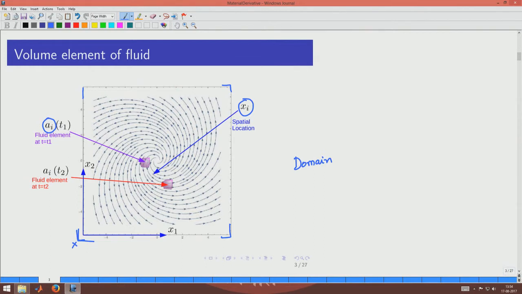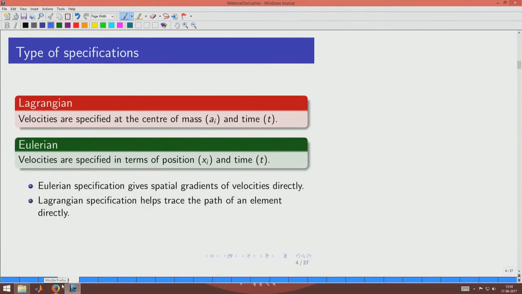So, you could see that there are two different ways of specifying the velocities, or for that matter any parameter. You could specify it as a function of the location where the fluid element is moving, or as a function of the location in terms of the spatial coordinates. So, here for example, we will see how they are referred to. So, here we have the two names being introduced, Lagrangian and Eulerian.